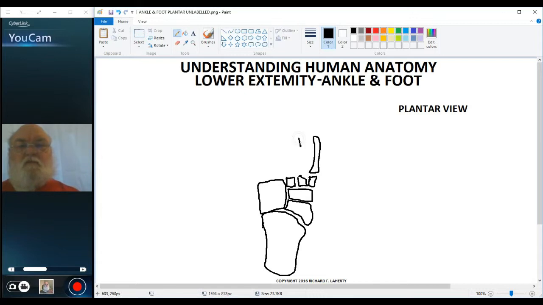Then metatarsal number 2. Number 3. Number 4. And number 5.